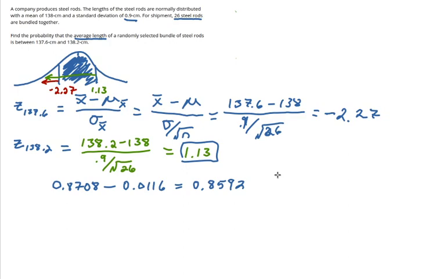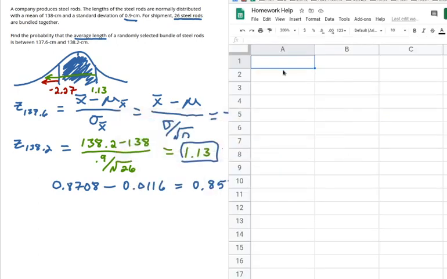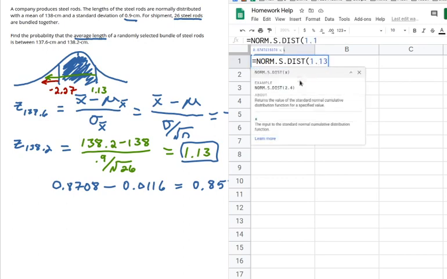Now on a spreadsheet, one way I can use a spreadsheet is to calculate the area to the left of these z-scores and avoid using the table. So to do that, I just have to say equals norm.s.dist and plug in the z-score.